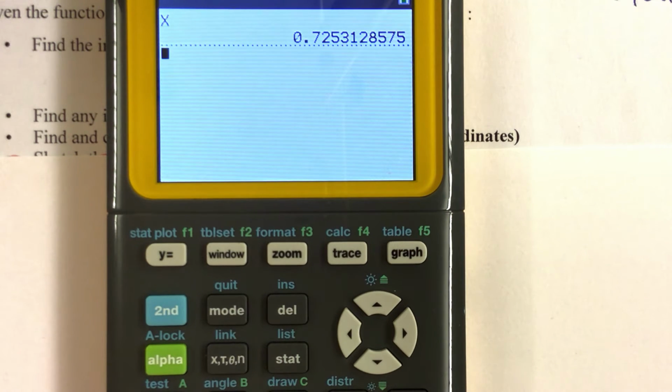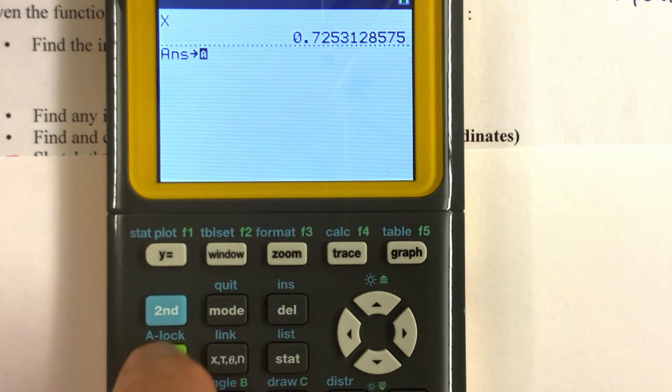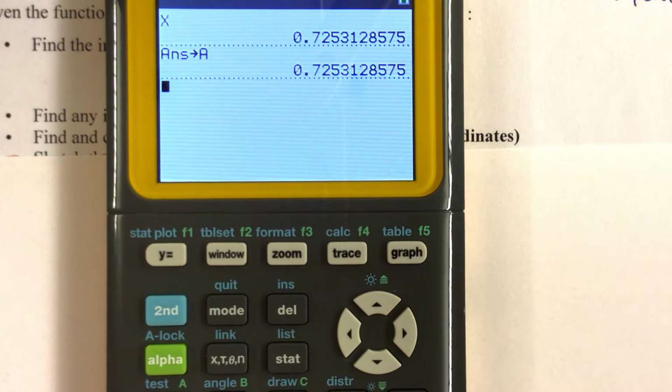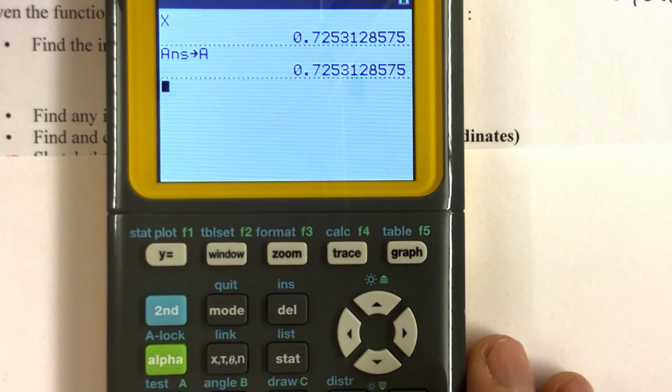STO with an arrow to the left of the 1. Store that, it takes your answer and it stores it wherever you want to, and I'm going to hit alpha math, so I'm going to store it in position A, and then hit enter to lock it into position A. That position A value will not change until you store another value in A.